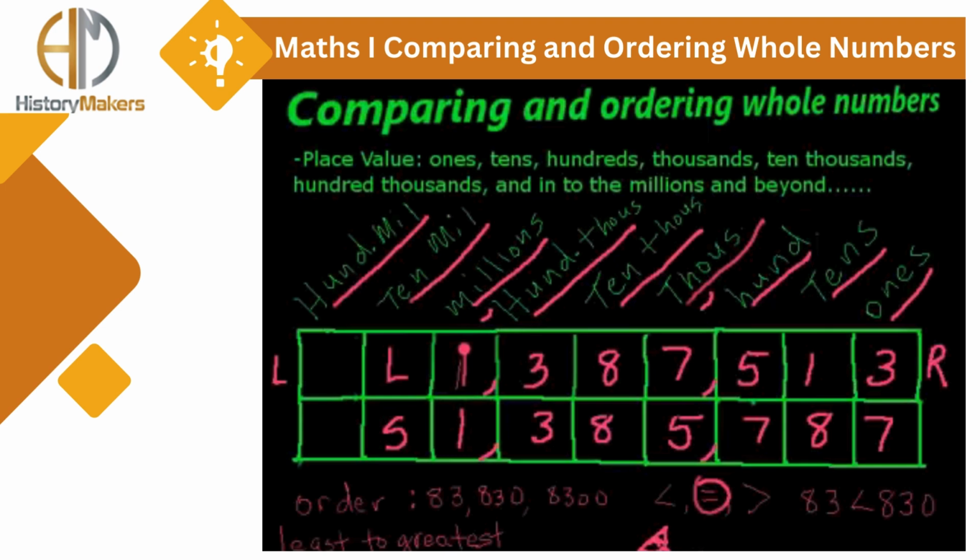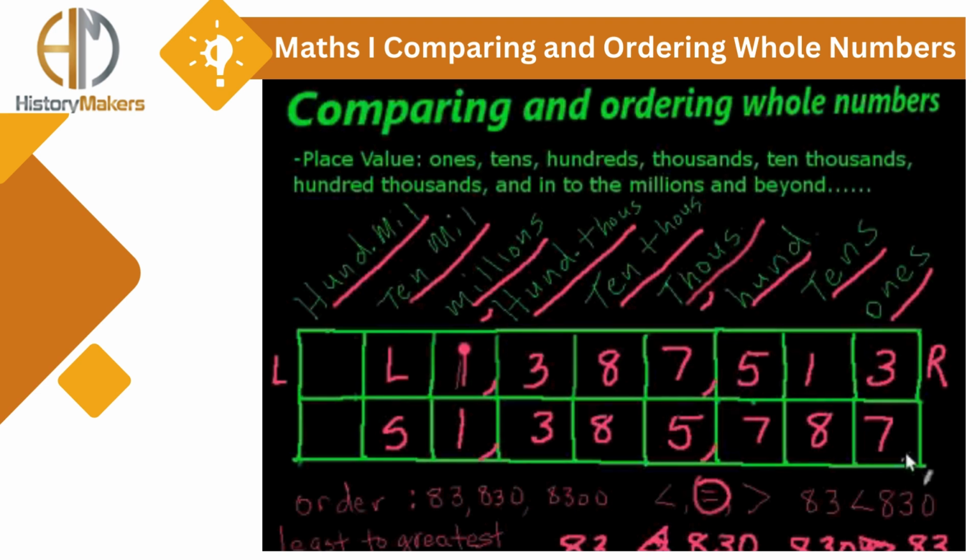He'll eat the larger number if we had 830 over here and 83 over here. Even if those numbers were switched around, we always read from left to right. So this one again would be greater than. The alligator is going to munch on the larger number.